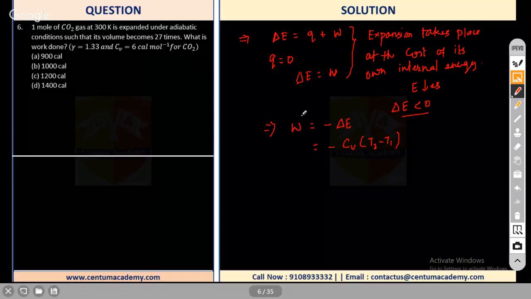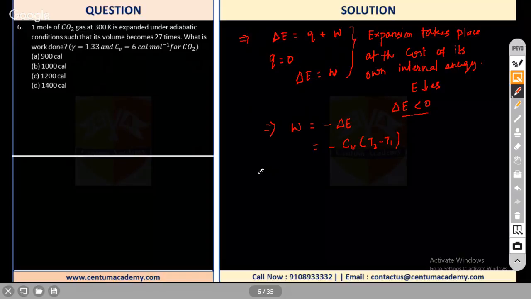Okay, CV value is given, 6 calorie per mole, right? And T1 is also given, 300 Kelvin. We have to find out T2 and then we can find out work done. Now to find T2, we have the relation of volume.